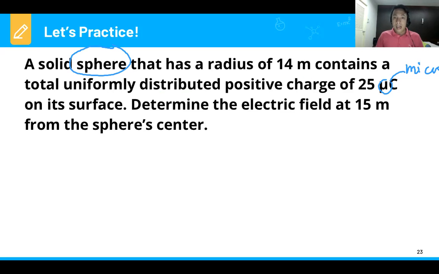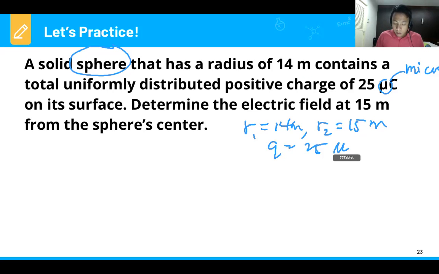So, ano yung ating hinahanap? Or ano yung mag-given muna natin? Ang given natin is we have radius 1, which is 14, radius 2, which is 15. We also have the charge, which is 25 microcoulombs.